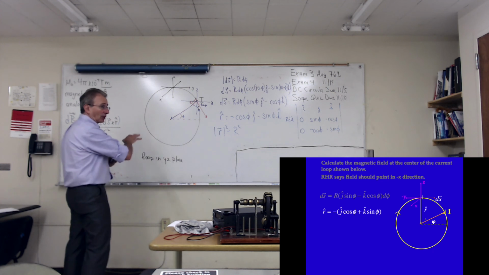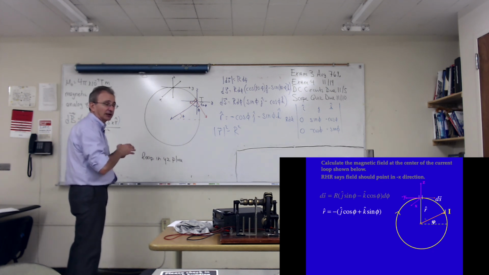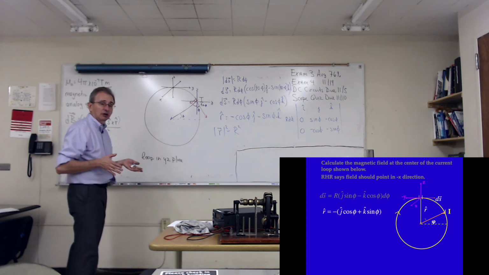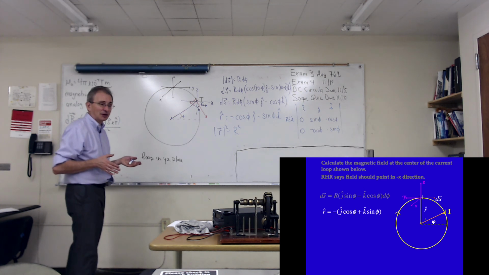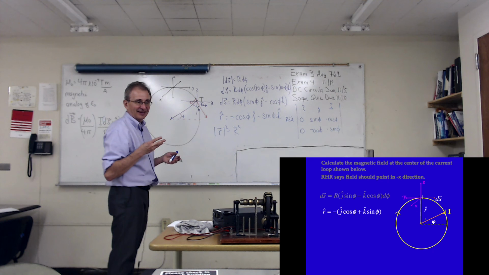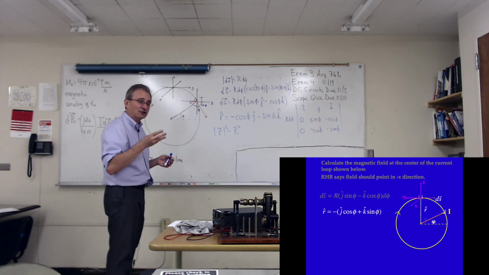To determine the direction of the magnetic field due to a current carrying wire, you can always use the right-hand rule. This is another one. How many right-hand rules are we at now? Three? I think so. Okay, so this is the third right-hand rule.